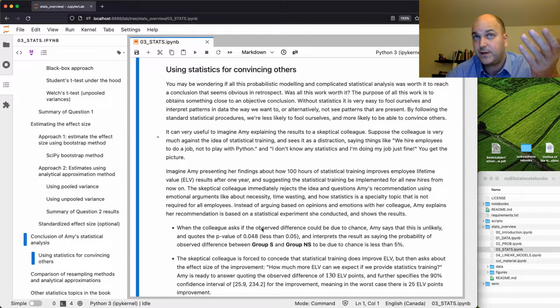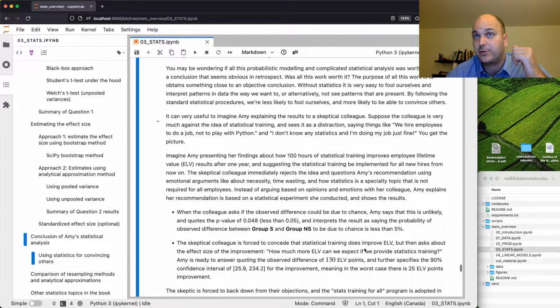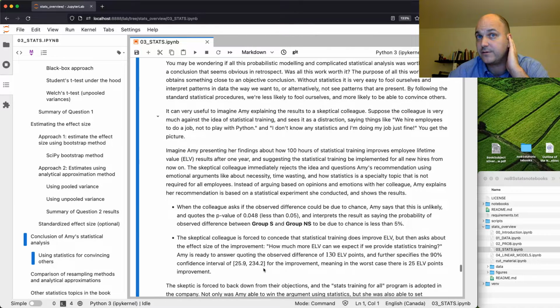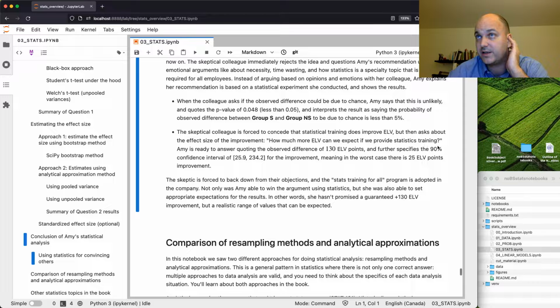Therefore, there is a difference. And then the employer could be like, well, how big is this EOV? I don't know if it's really. And she can say, well, 130, but really here is the interval that I can guarantee. It's somewhere in that interval with 90% guarantee.